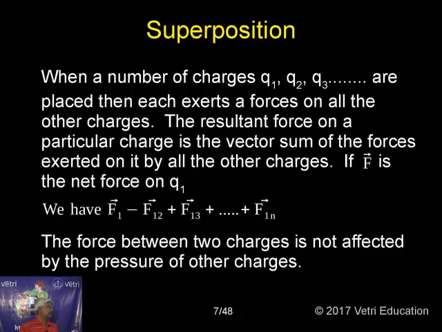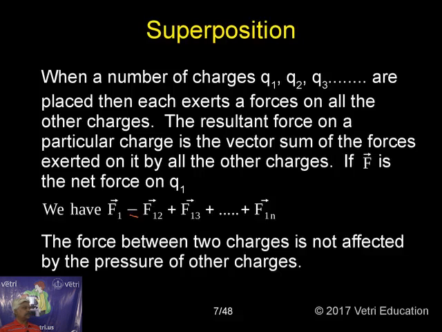The resultant force on a particular charge is the vector sum of the forces exerted on it by all other charges. For example, if F vector is the net force on Q1, then F1 is equal to F12 plus F13 plus up to F1n.